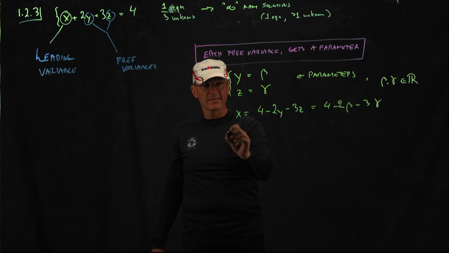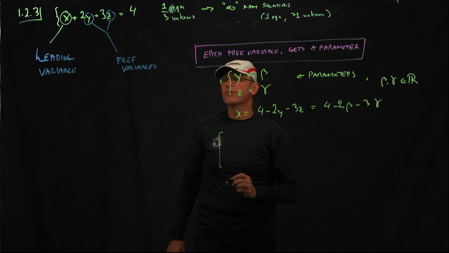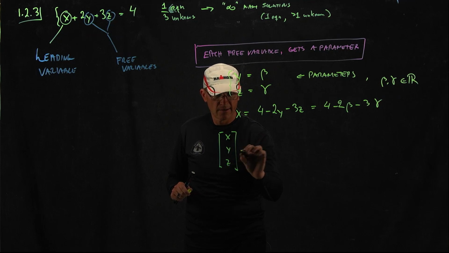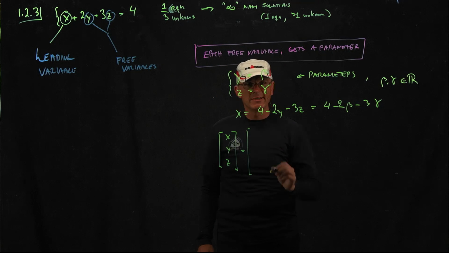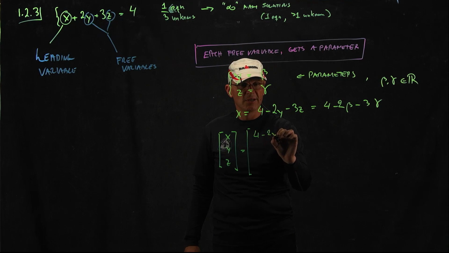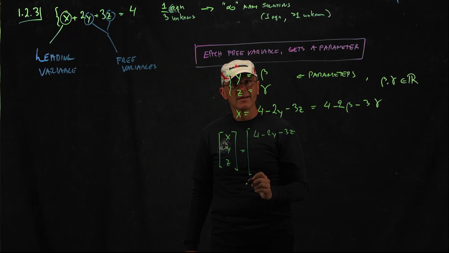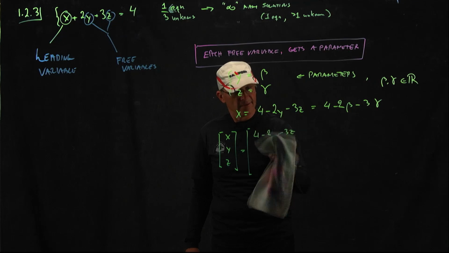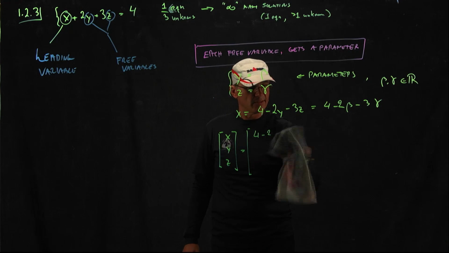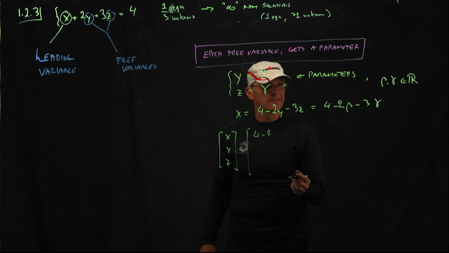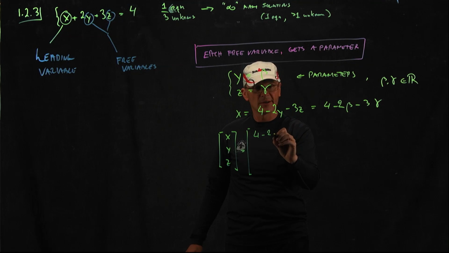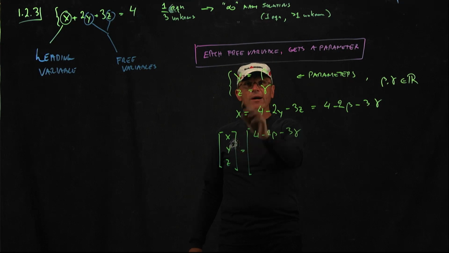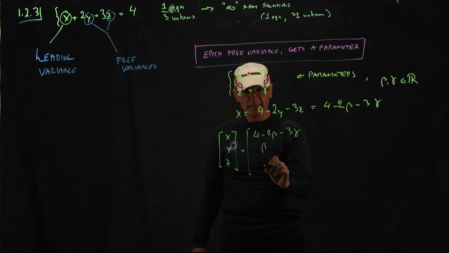So we can write the solutions to the set of equations x, y, z in terms of the parameters. So x is 4 minus 2y minus 3z, where y is, wait a second, the caffeine level in my brain has shrunk, it's diminishing, I can't think anymore. So it's 4 minus 2 beta minus 3 gamma, y is beta, z is gamma.